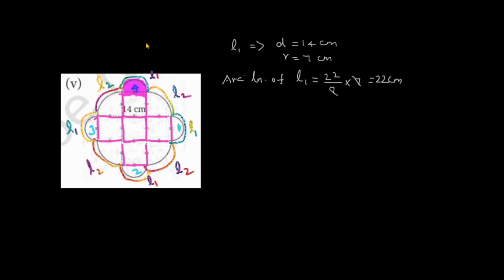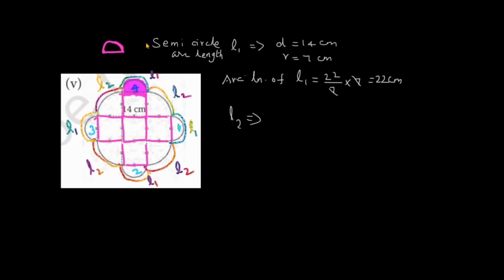Now look at L2. For L2, again we are having a sector shape. The arc length L1, we are having a semicircle shape. Semicircle arc length L1. Okay, so L1 is in this shape.